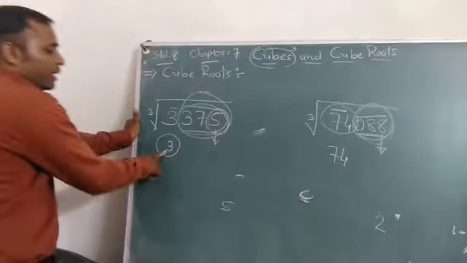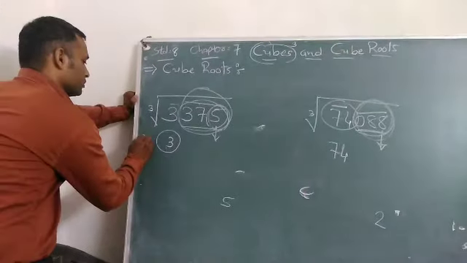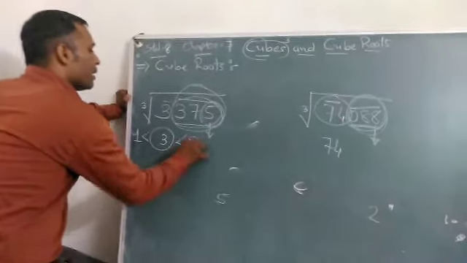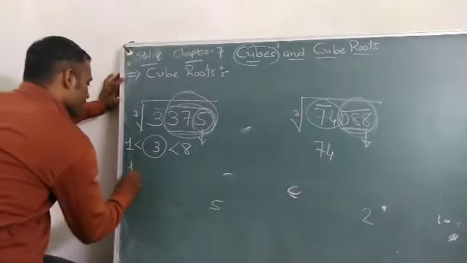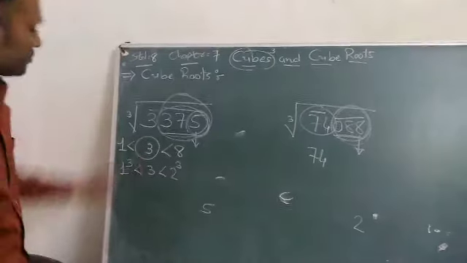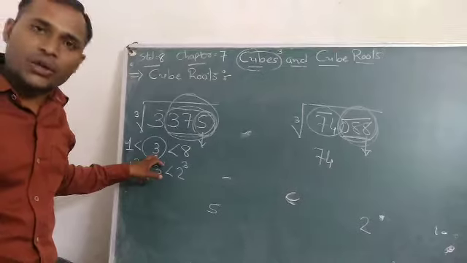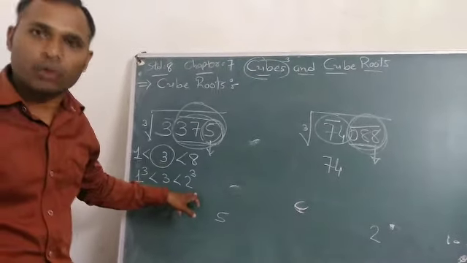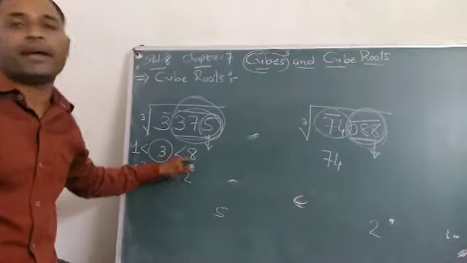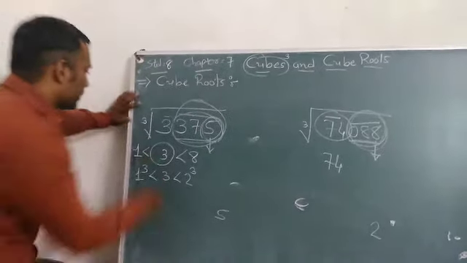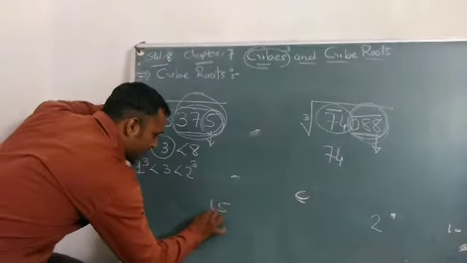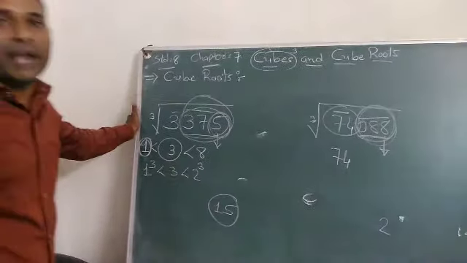Remember, 3 is between 1 and 8, meaning 1 cube and 2 cube, because 1 cube is 1 and 2 cube is 8. So 3 is between 1 and 8. So now the lesser number is 1. So now 1 is your tens place.